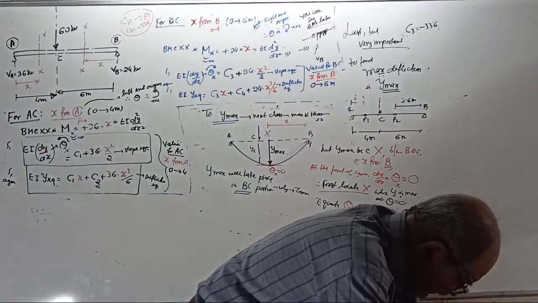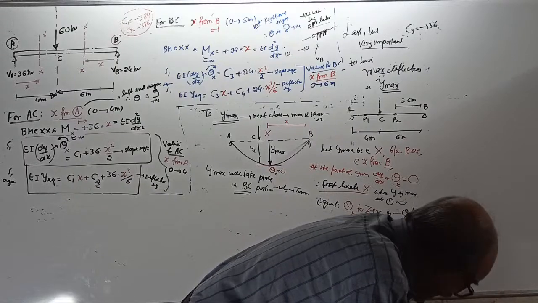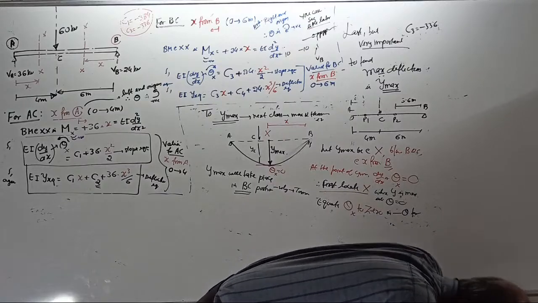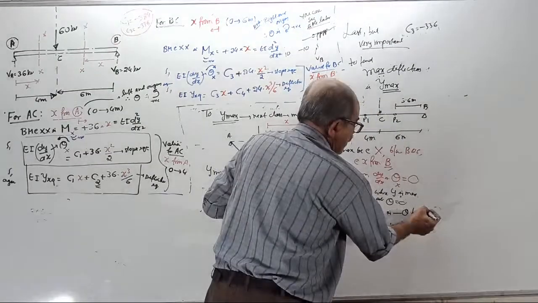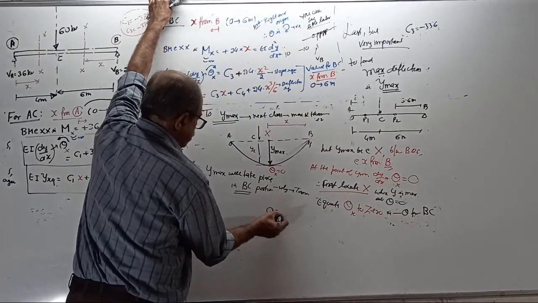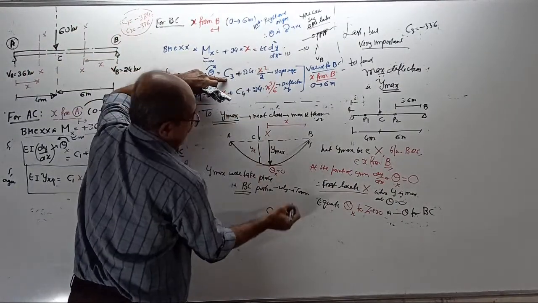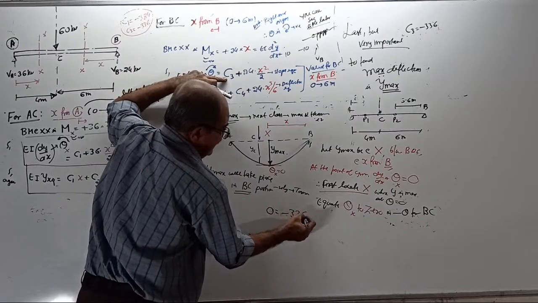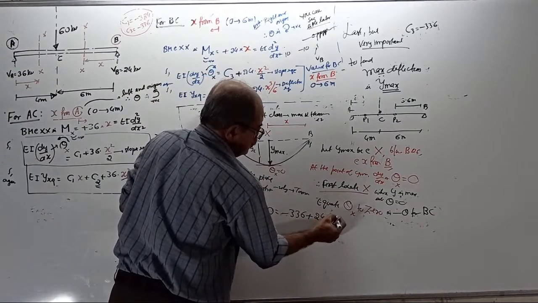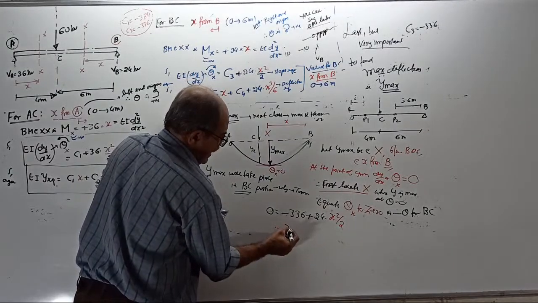The point lies between B and C, so for the BC portion. Tomorrow I am explaining more because time is not there. Start. 0 equal to, you equate theta equal to 0: C3 minus 336 plus 24 into x square by 2 equal to 0. Therefore, you get the value of x.